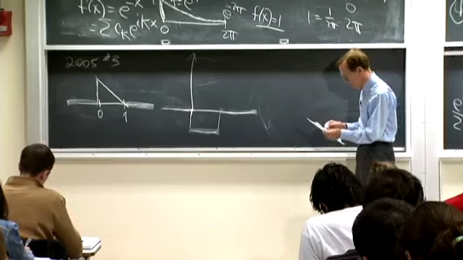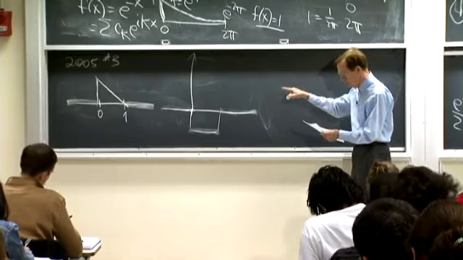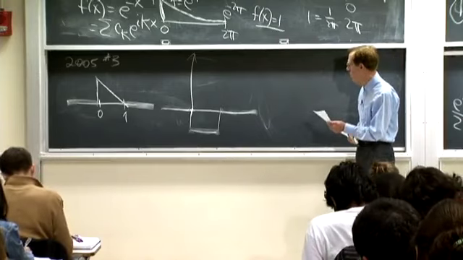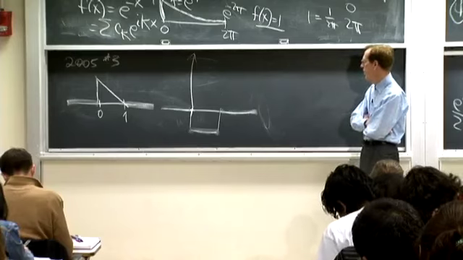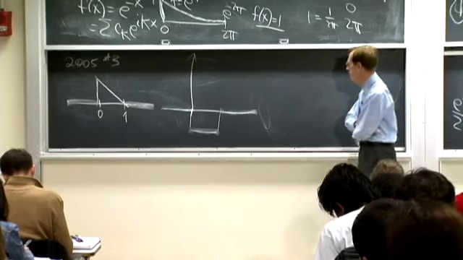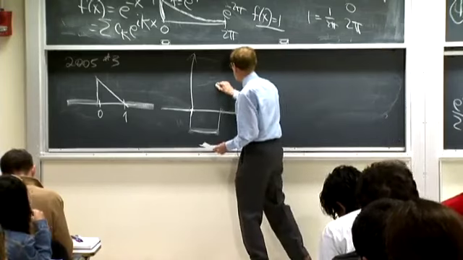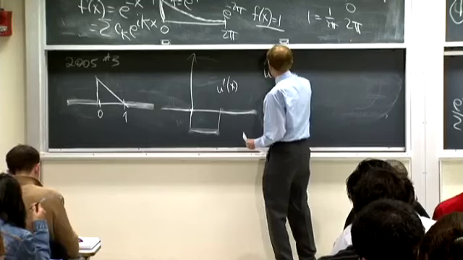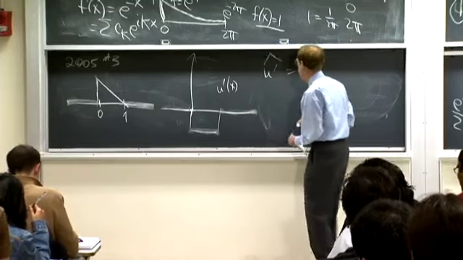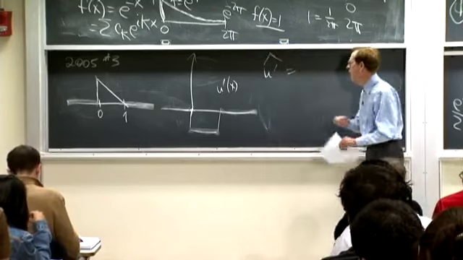What's the transform of this derivative? So this is my function u prime of x. Now what's the u prime transform? It should be a function of k now.